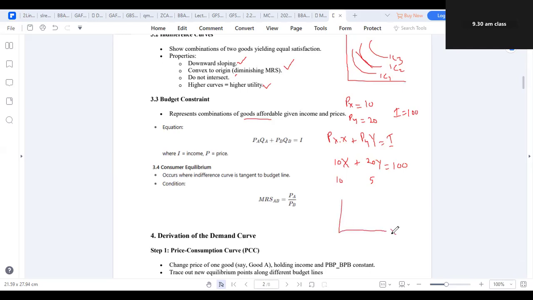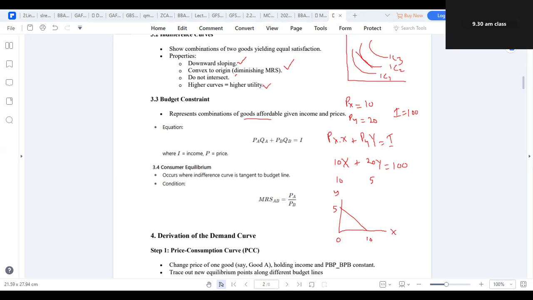The X will be on the horizontal and the Y will be here. So this is a budget line. You cut the Y at 5 and the X at 10. So this is how the X-Y plane looks like.